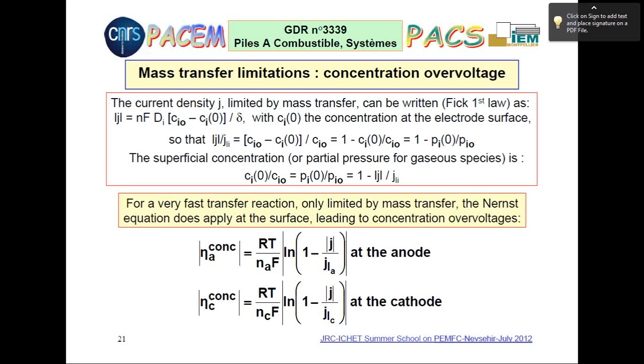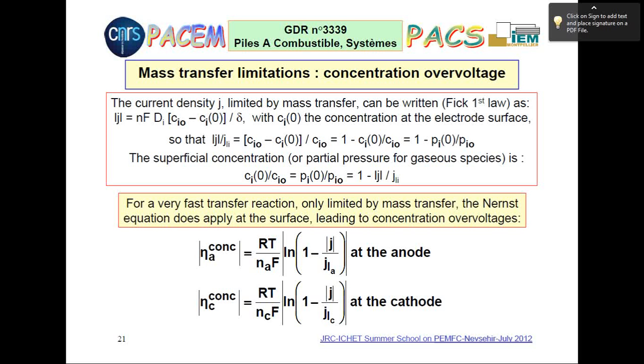At the limit, the concentration at the electrode surface is 0, so you get the limiting current density, n F times the diffusion coefficient times the bulk concentration, and you can make the ratio between the current density and the limiting current, which depends only on the concentration, and in that way you can calculate the concentration at the surface, or the pressure at the surface, relative to the bulk concentration or pressure. It is 1 minus the absolute value of the current density divided by the limiting current.